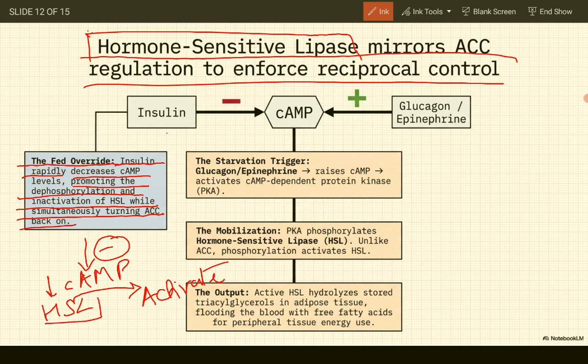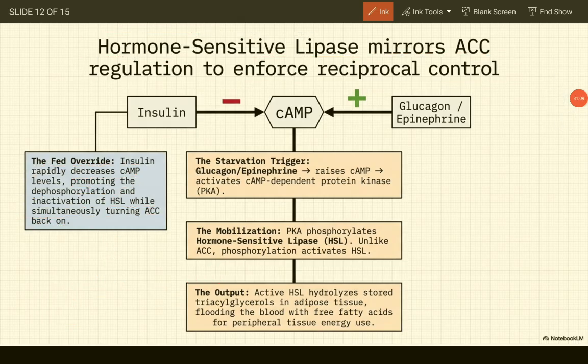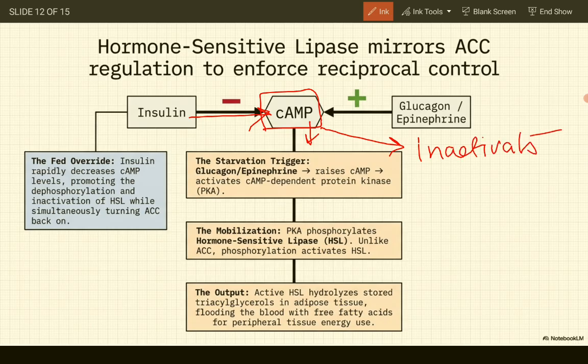Once hormone sensitive lipase is activated... In case of insulin, this negatively affects cyclic AMP, and when cyclic AMP is reduced, it inactivates the hormone sensitive lipase.